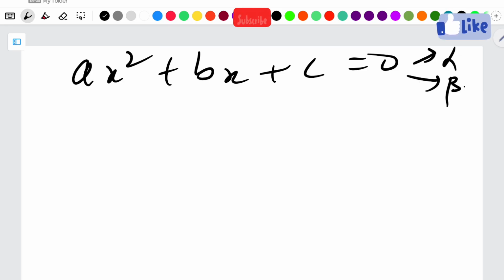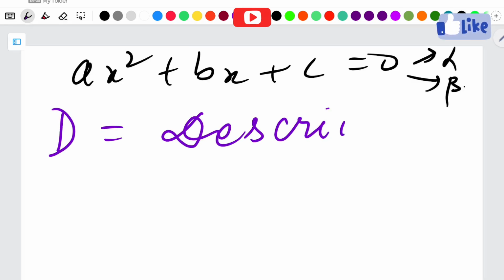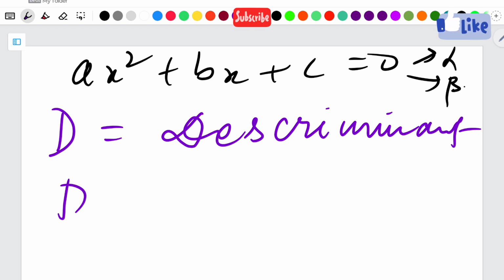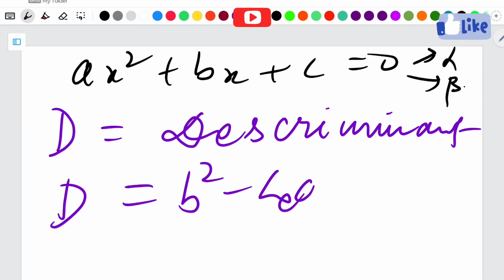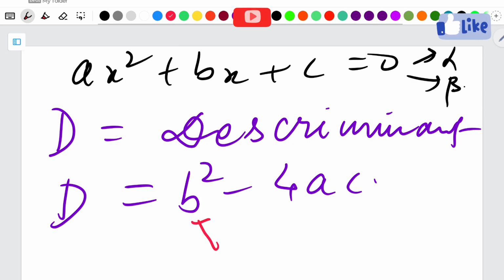Okay, now how will the zeros be for this quadratic equation? For this, we need to find out the value of d. Now what do you mean by d? D is the discriminant, and the formula of discriminant is b square minus 4ac. This b is what?